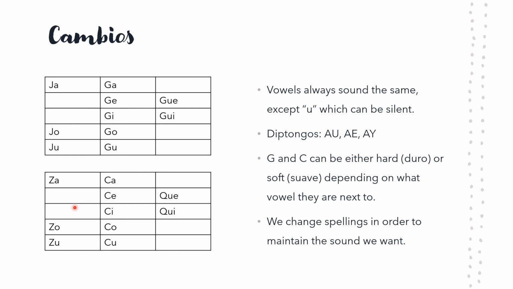And we're going to do the same idea that we had up here with adding a U, which becomes silent, to make the soft C's a hard C. All right, suave to duro here. Once again, when we add a U between a G and an E or a G and an I, or a Q and an E and a Q and an I, it's going to be a silent U. All right, there's no sound to it. That means when you see the word que, Q-U-E, it's not kue. It is not kue, it's ke.